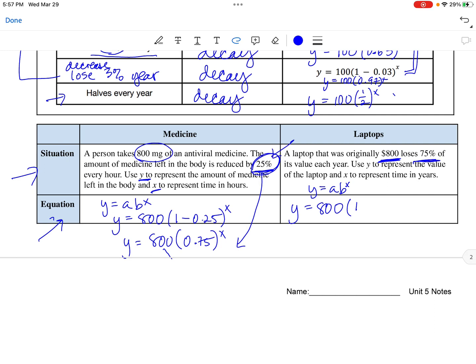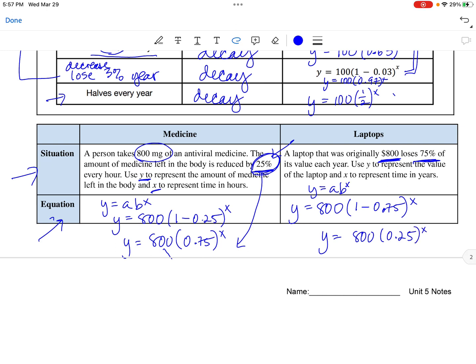Here it's 75% less each year. So we're going to say y equals 800 times 1 minus 0.75 to the x. We could leave it like that, that would be fine, or we could simplify it. 1 minus 0.75 is 0.25 to the x.